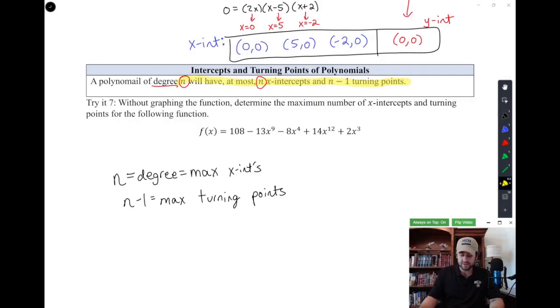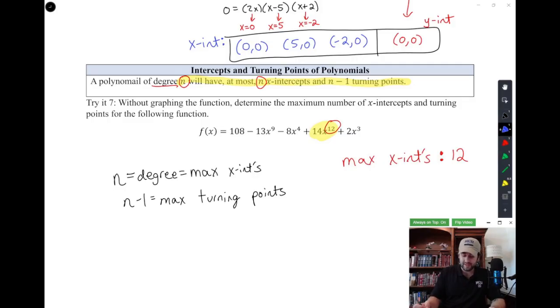And so here's a function, and it said determine the maximum number of x-intercepts. So we're just going to look at the biggest power. Looks like it's right there in the middle. And so max x-intercepts is literally 12. That just came from the biggest degree we have.